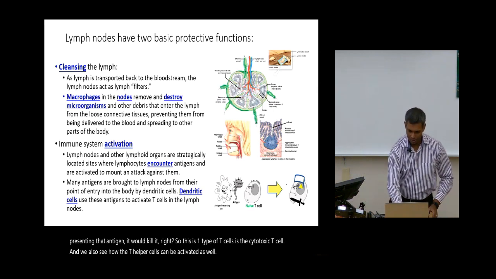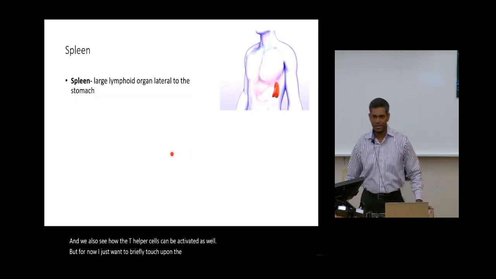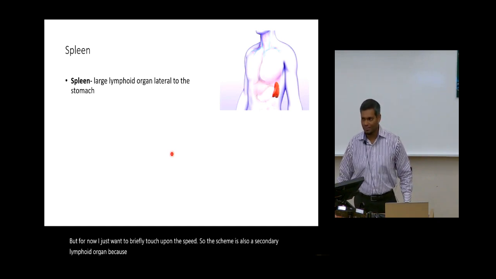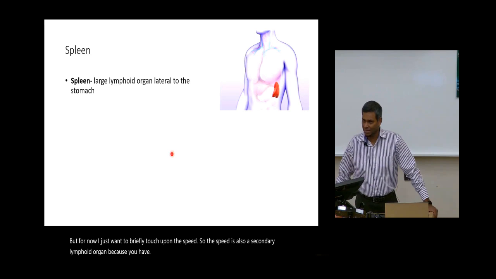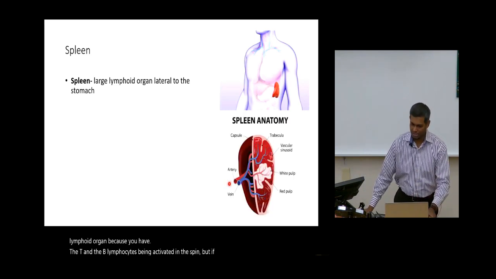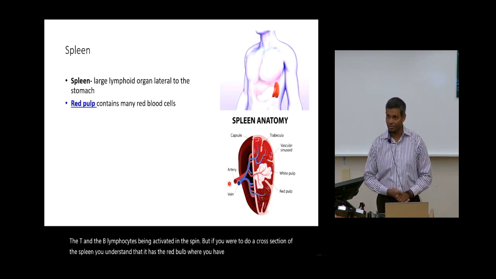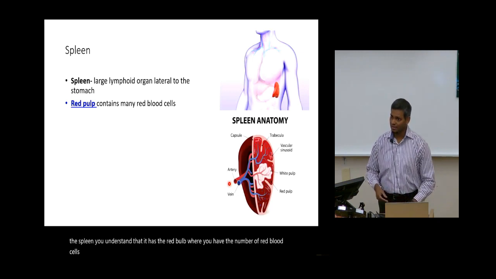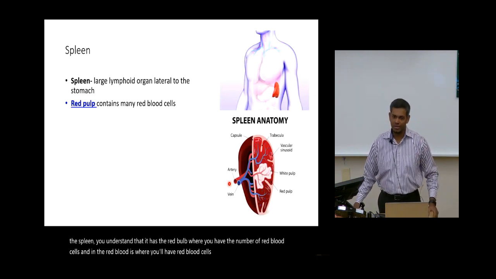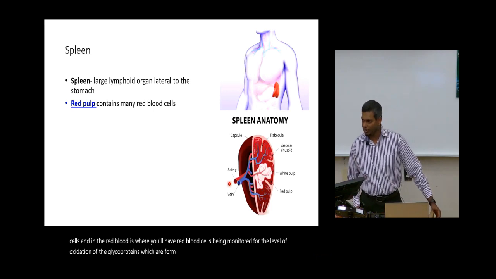But for now, I just want to briefly touch upon the spleen, right? So the spleen is also a secondary lymphoid organ, because you will have the T and the B lymphocytes being activated in the spleen. But if you were to do a cross section of the spleen, you understand that it has the red pulp, where there will be a number of red blood cells, and in the red pulp is where you will have the red blood cells being monitored for the level of oxidation of the glycoproteins, which are found on the surface of the red blood cells.